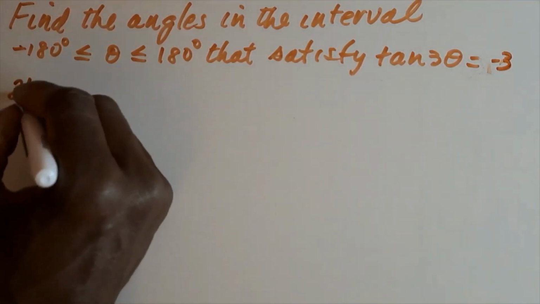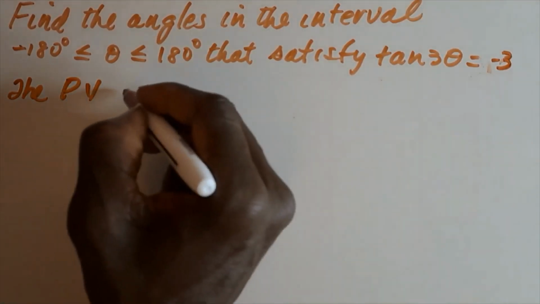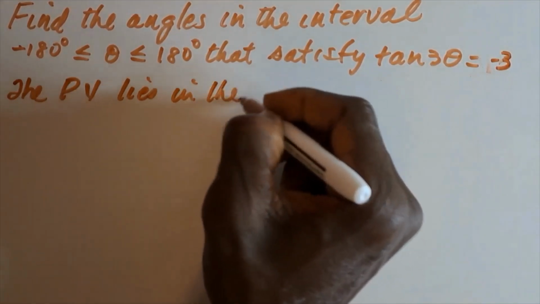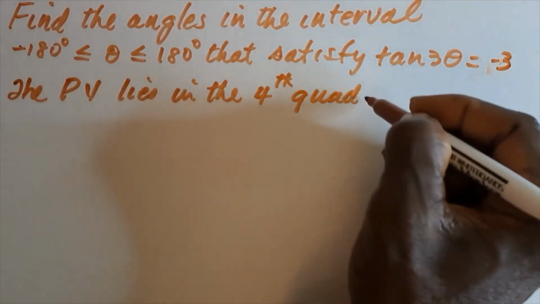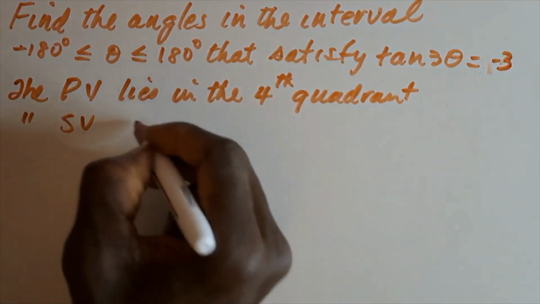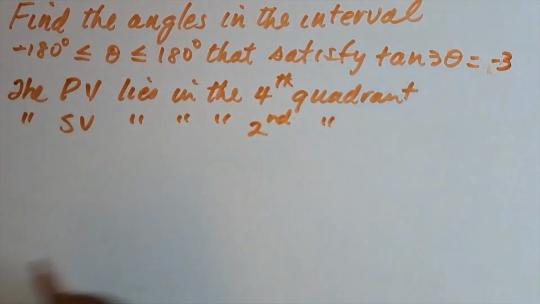So the principal value lies in the fourth quadrant, and the secondary value lies in the second quadrant.